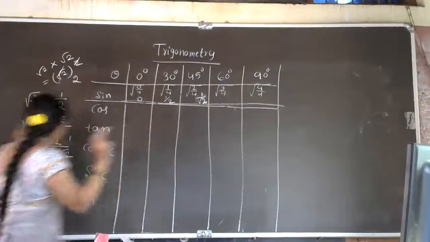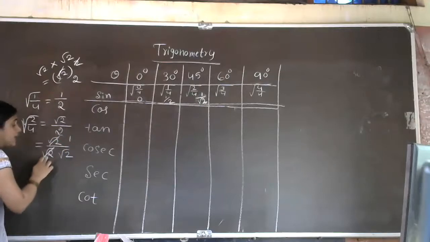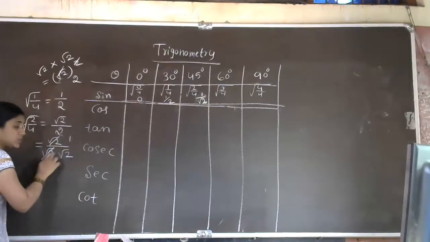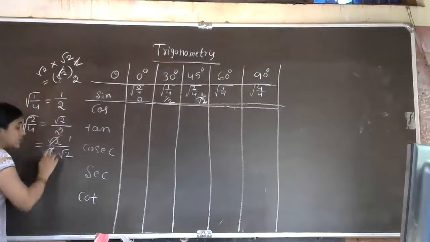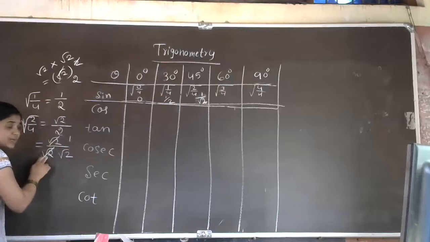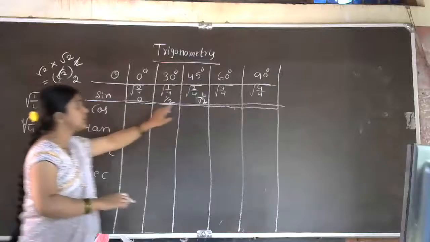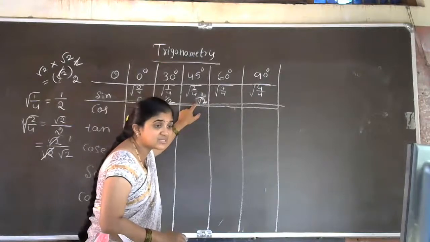So how to get that one? Root 2 by 2. This 2 may be written as root 2 into root 2. Root 2 into root 2 is equal to 2. So that's why we are taking 2 in the form of root 2 into root 2. So root 2 gets cancelled, 1 by root 2. So here you got the answer as 1 by root 2. Is that clear, students? Yes.